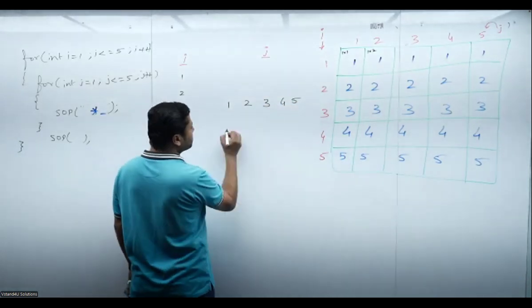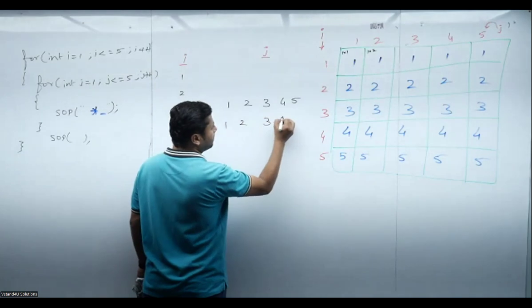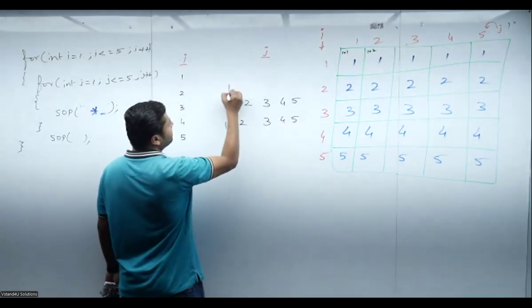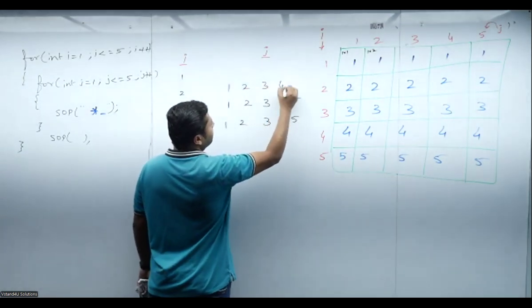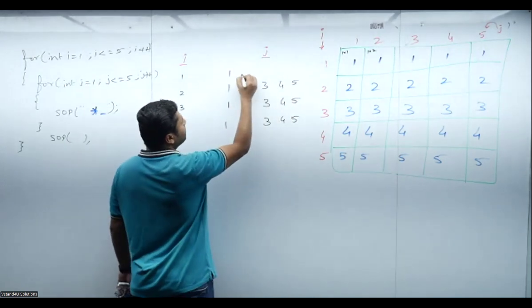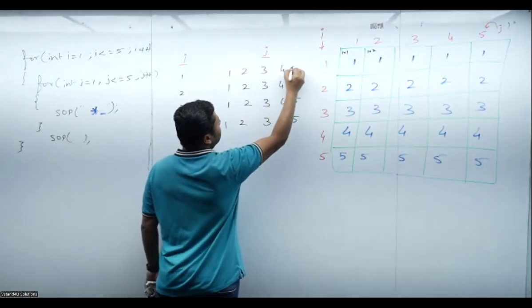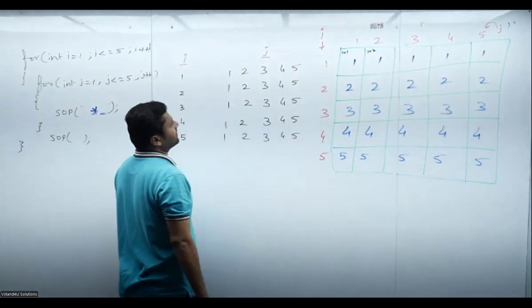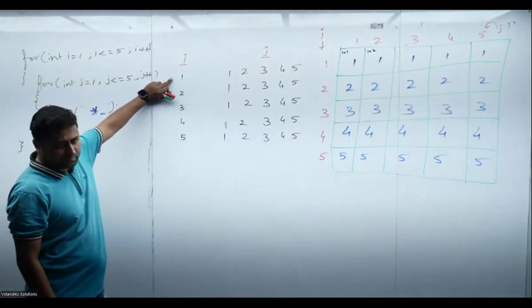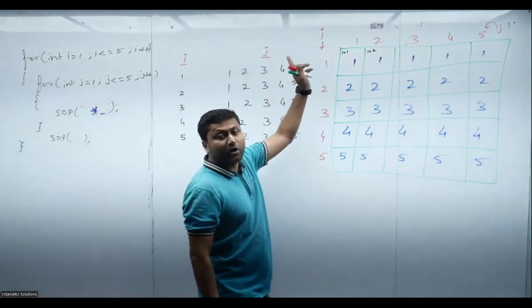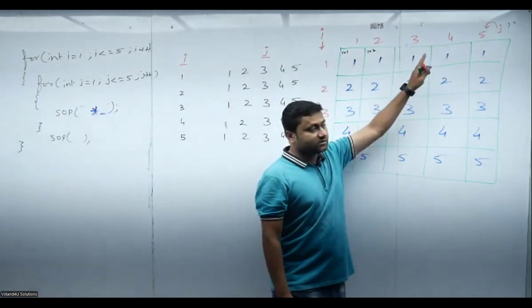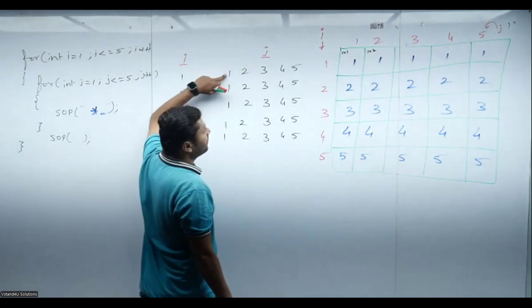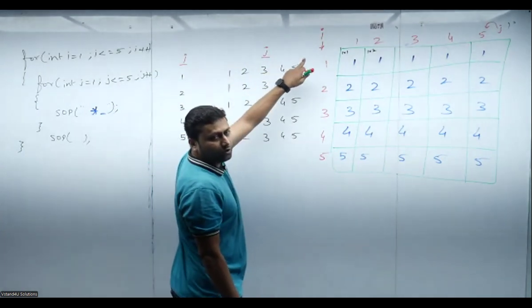For fourth row also. For second row also. First row. Last row. Okay, sir. Whenever I value is 1, J, where all you need to print in columns, start from 2, 3, 4, goes till 5.